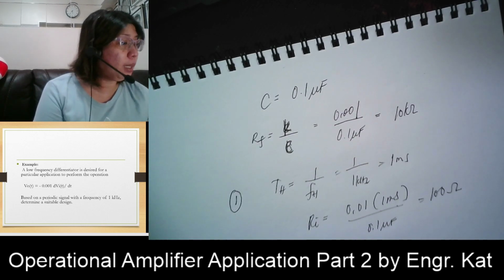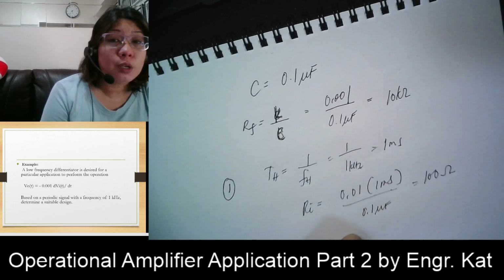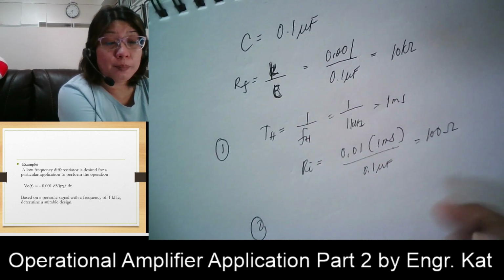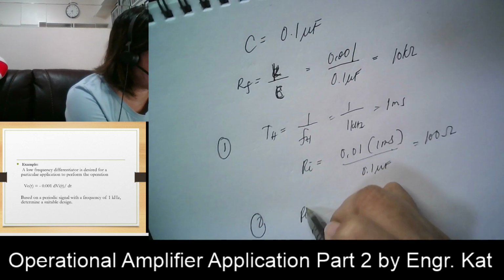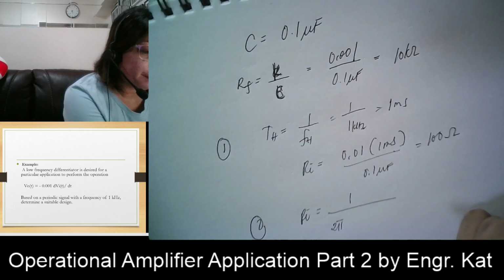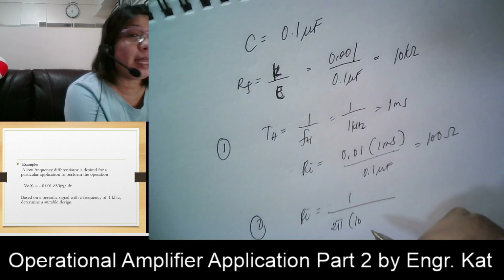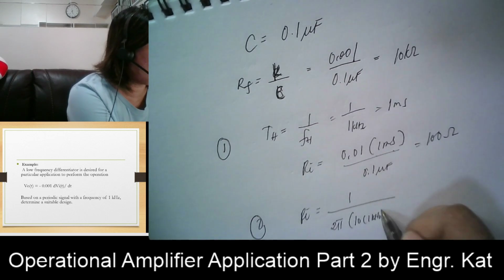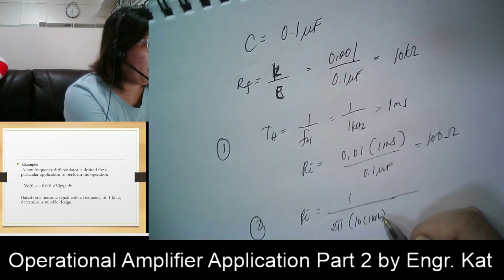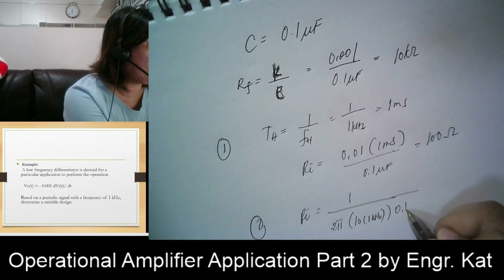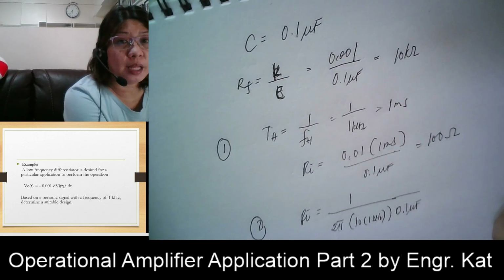But we still have our second criterion, which is based on our break frequency. Your RI based on your break frequency is equivalent to 1 over 2 pi multiplied by 10 times your highest frequency, which is 1 kilohertz, multiplied by our capacitance, which is 0.1 microfarad.